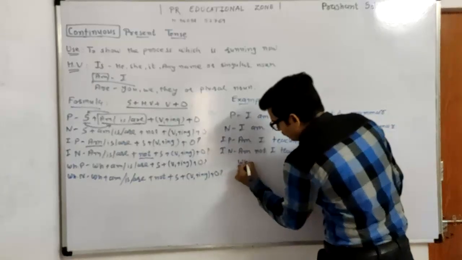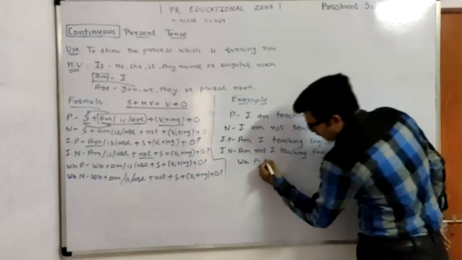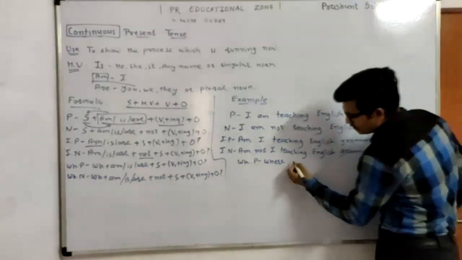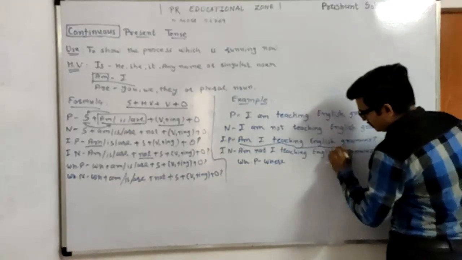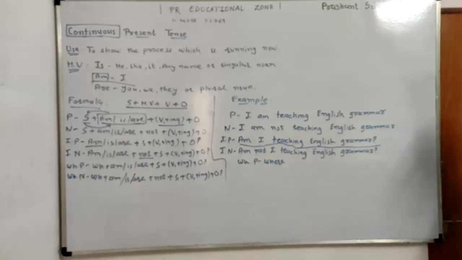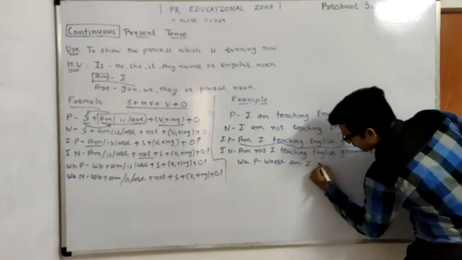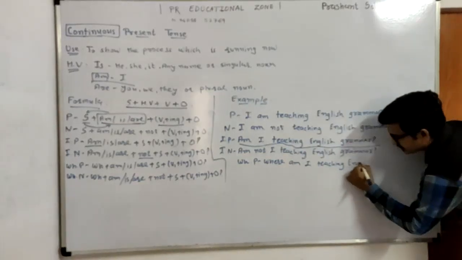Now we are going for the WH positive. So I am taking where here, and we will put the rest as it is in the interrogative positive. Where am I teaching English grammar?